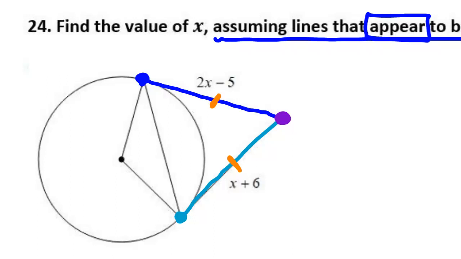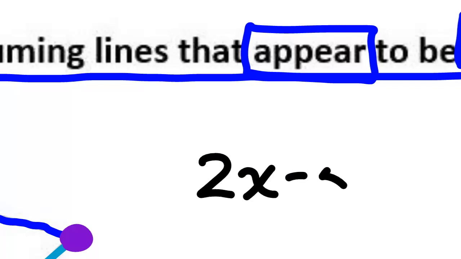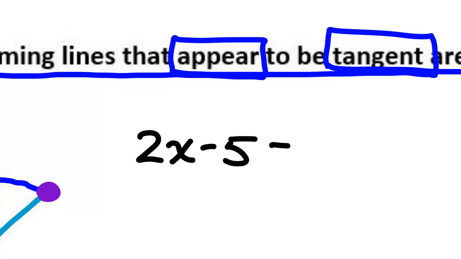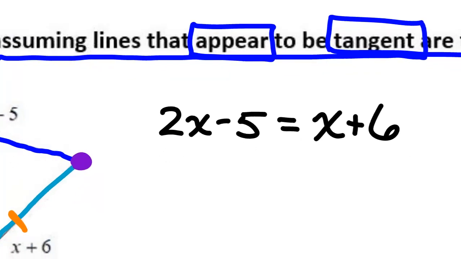So to find the value of x, we're going to take those two expressions, 2x minus 5, and set them equal to each other, x plus 6. They are the same size, they are congruent because they come from the same point, and they are both tangent to the circle.